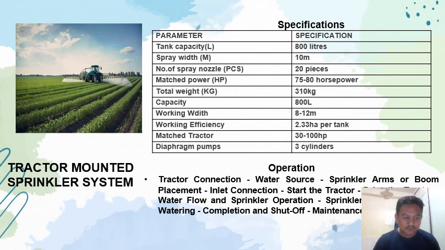Tractor mounted sprinkler system specification: tank capacity 800 liters, spray width 10 meters, number of spray nozzles 20 pieces, matching power 75 to 80 horsepower, total weight 310 kilograms, work width 8 to 12 meters, working efficiency 2.53 hectares per tank, matching tractor 30 to 100 horsepower, diaphragm pumps 3 cylinders.